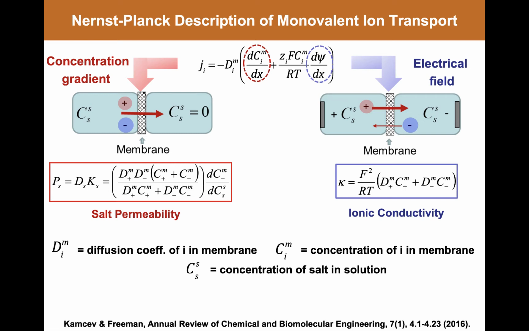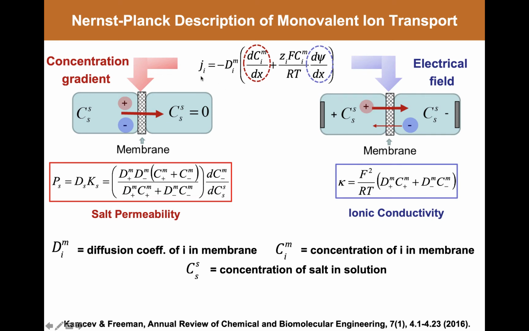So if we have a fundamental model that predicts how ions partition into membranes and then how they diffuse through membranes, we can predict both the results of this electric field-driven experiment, which is common in electrodialysis, as well as the results of this concentration gradient-driven experiment, which is used in applications like osmosis and reverse osmosis.